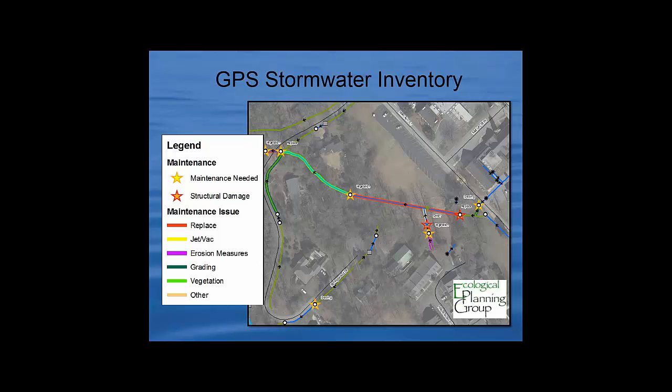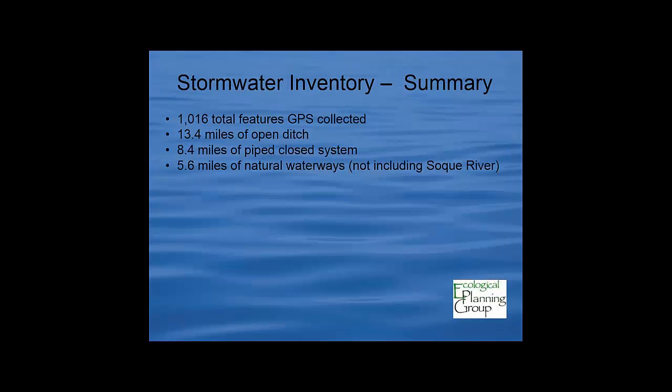And it's important to understand traditional stormwater infrastructure and what needs to be done to repair and maintain it, but it's also important to look for opportunities to implement green infrastructure when possible to replace those traditional mechanisms. So I was amazed to learn that there were this many miles of open ditch and pipes in our very small city, 5.6 miles of natural waterways.